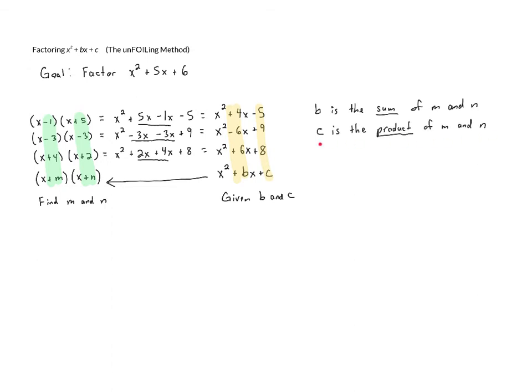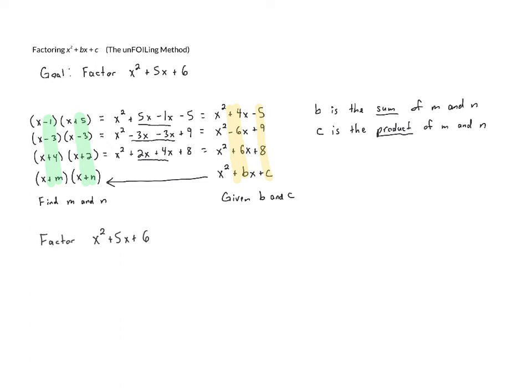And these two facts here are going to be enough for us to work our way backwards, starting with a trinomial and figuring out what these two numbers are so we can get our factorization. Let me show you how this works. Let's factor x squared plus 5x plus 6.